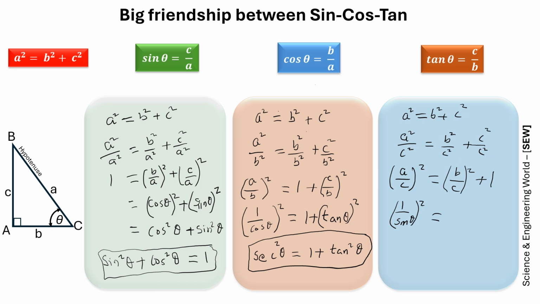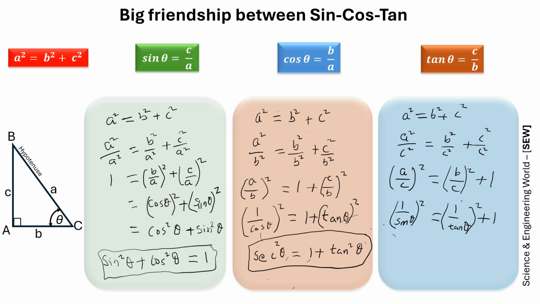B over c is also the inverse of tan, so that will give us (1 over tan theta) squared plus 1.